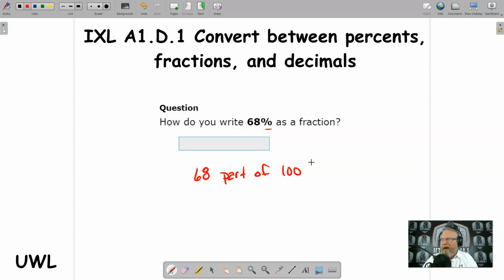And whenever we write a fraction, we have a numerator over a denominator. In this case, the numerator represents the part, and the denominator represents the whole.